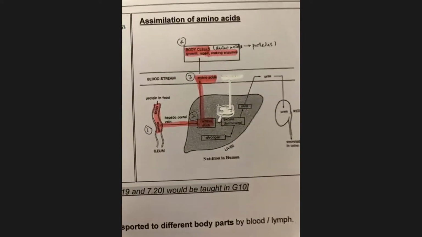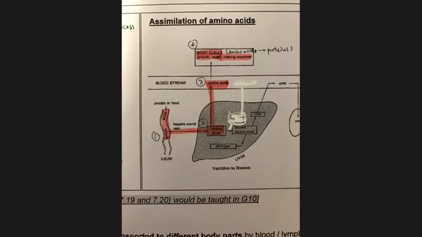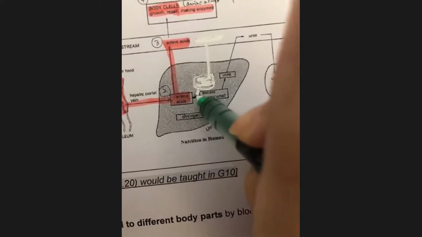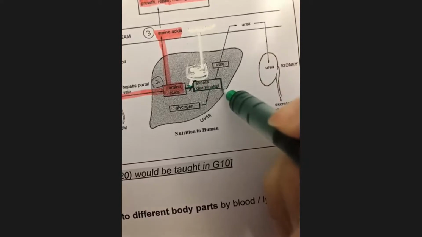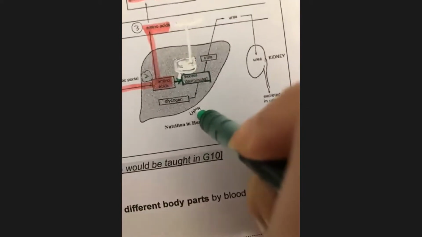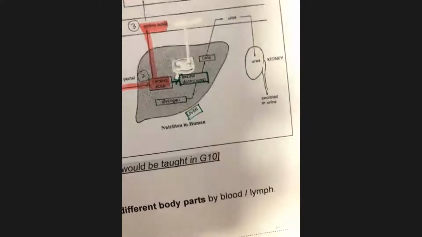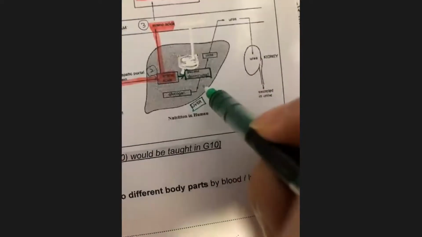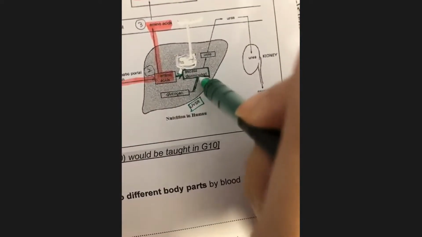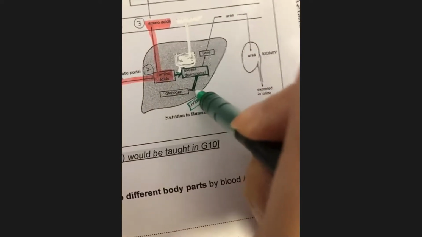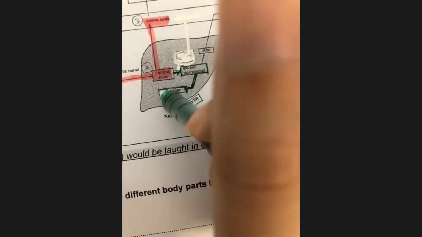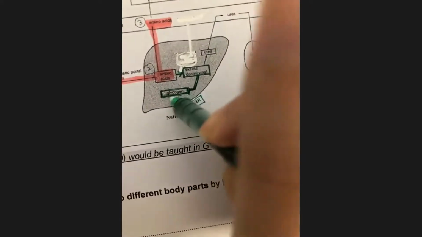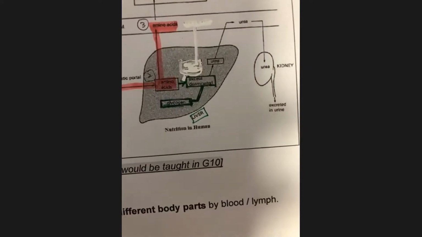So what happens if they are in excess? When they are in excess, the green pathway 嘛，係咪？咁你綠色熒光筆就 highlight 呢啲 box 喎，they will be deaminated in the liver. And the useful carbon-containing part would be converted into glucose, glycogen, carbohydrates, fats, whatever those things. Okay?